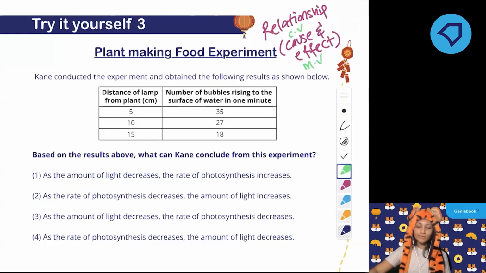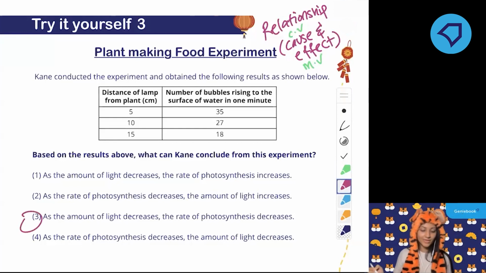So you must talk about the cause, which is the change variable. What did he change in this experiment? And what did he measure? The answer is number 3. As the amount of light decreases, the rate of photosynthesis decreases. So distance of lamp, if you go further away from the plant, means you are decreasing the amount of light.